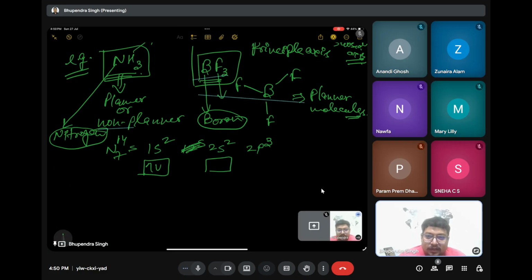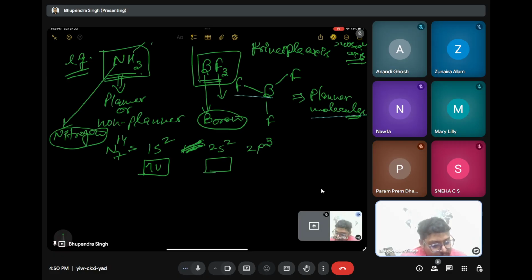Otherwise, if you miss these basics, it will be very difficult to visualize complex molecules, because in the exam you will not be able to tell just by looking whether it is R or S, planar or non-planar, cis or trans. So it is very important to learn the basics. This class is basically for basics. After 1 hour, I am going to start the question answer session, for which you have already submitted questions, I think.